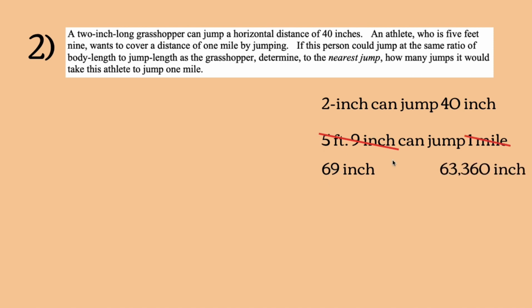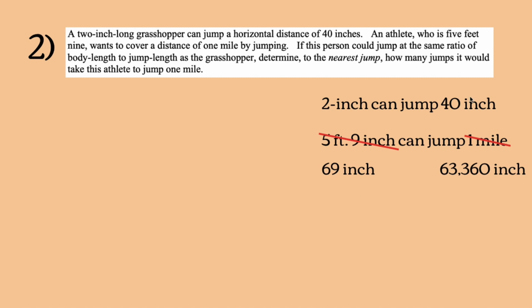And then we have 1 mile, which is 63,360 inches, which you can get from the graph that I gave you. Because 1 mile is 5,280 feet, you would convert that into inches by multiplying it by 12. So that's just the breakdown of how to get these.